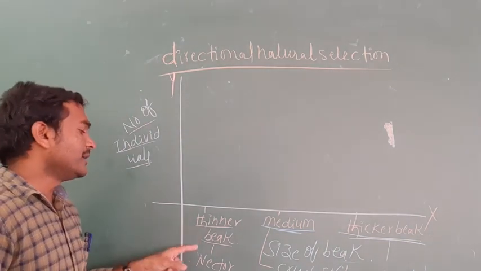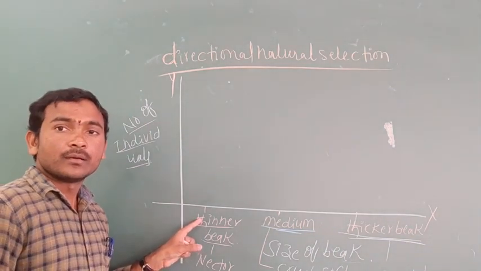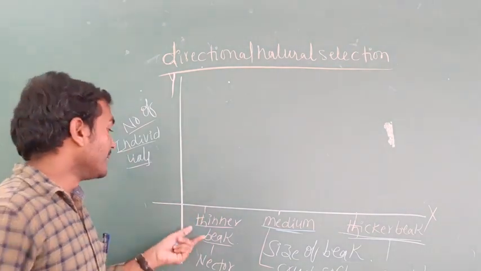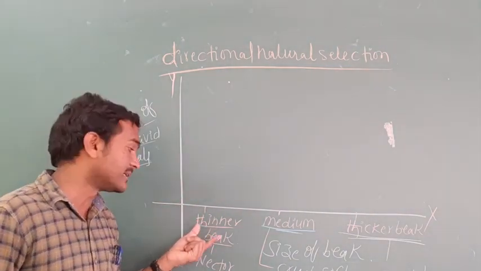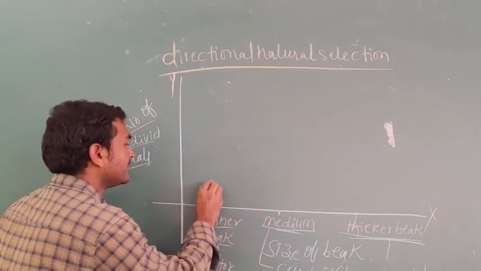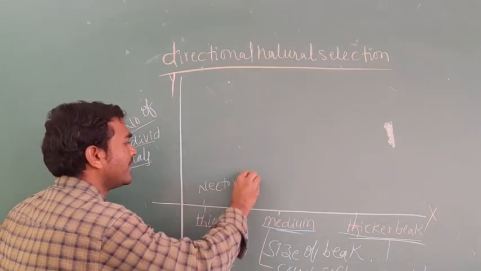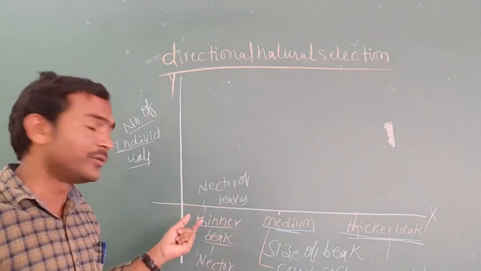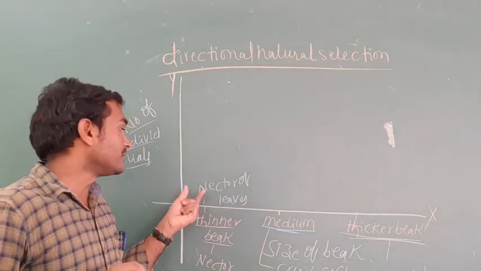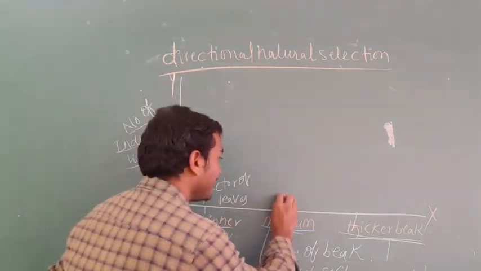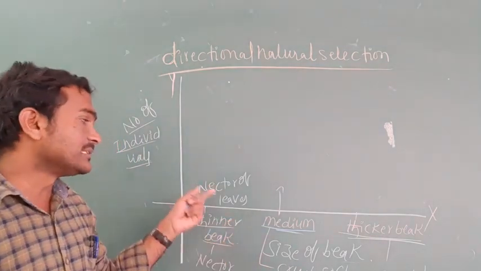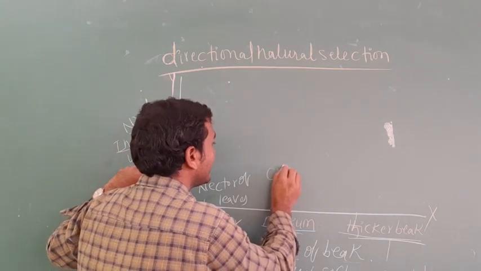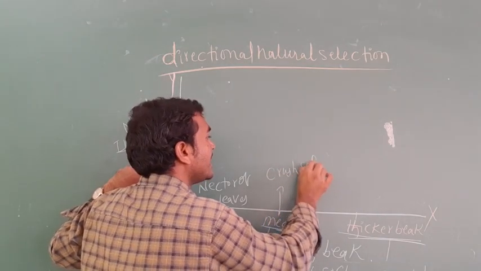Now take the thinner beak birds, the Darwin's finches with thinner beaks. Their specialty is that they can collect food from the nectar of the leaves. The medium beak finches crush the soft seeds.